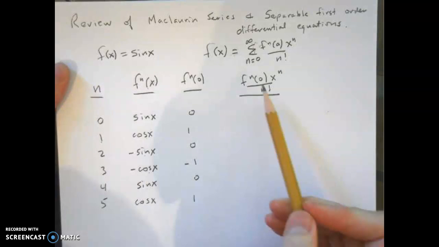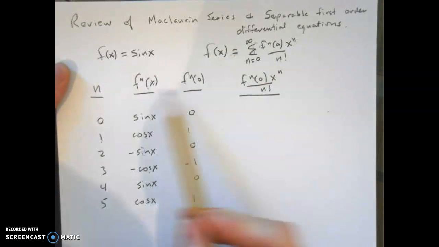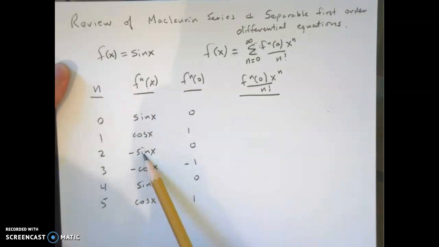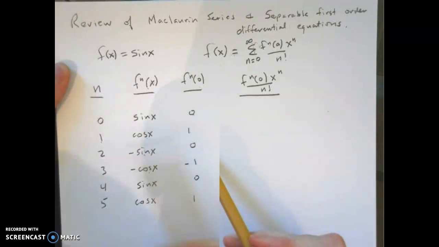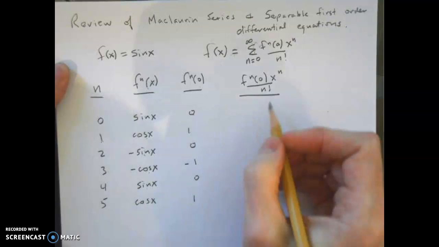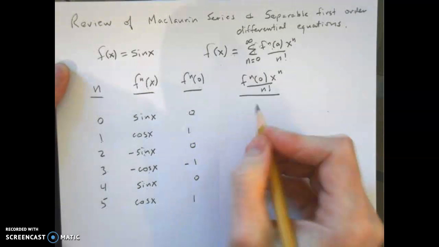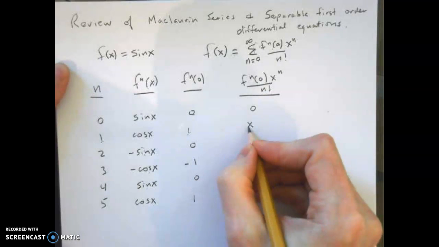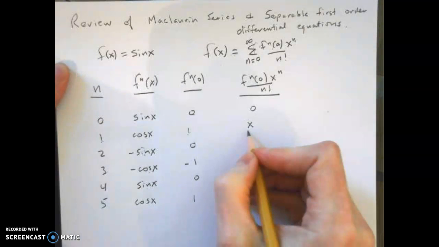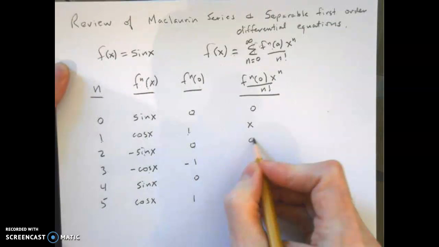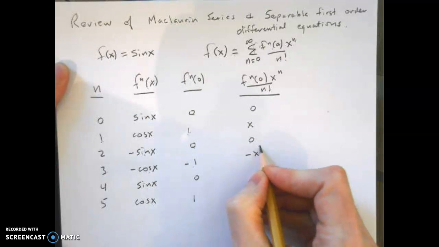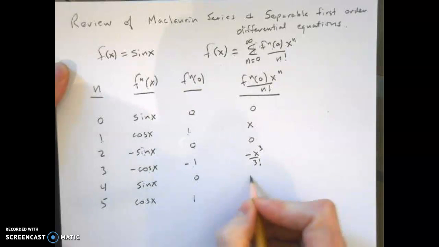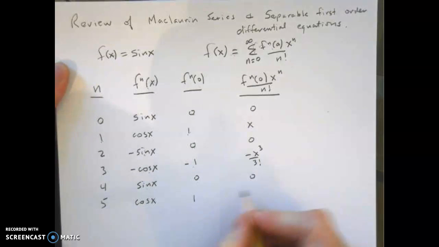If you'll notice what happens with this particular series, anytime you're taking an even derivative, it is 0, so you're only going to have terms for the odd powers. Putting it all together, we have 0, then 1 times x to the first over 1 factorial, then 0, then negative 1 times x to the third over 3 factorial, then 0, then positive 1 times x to the fifth over 5 factorial.